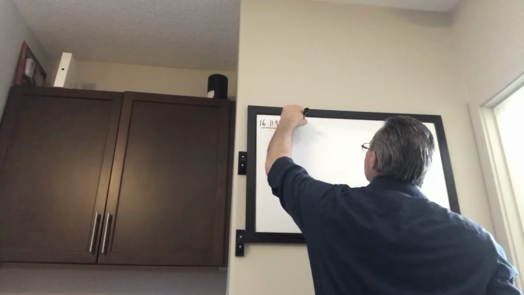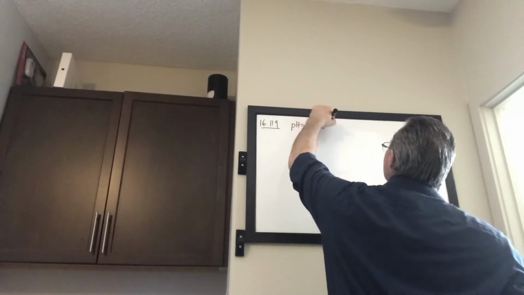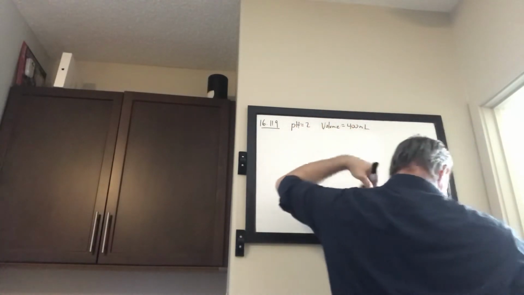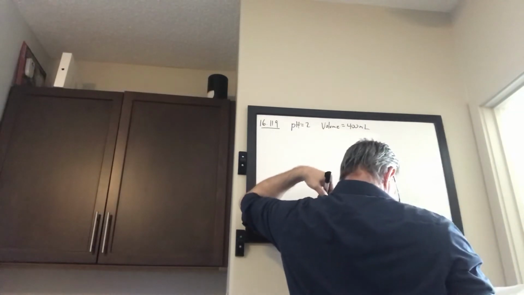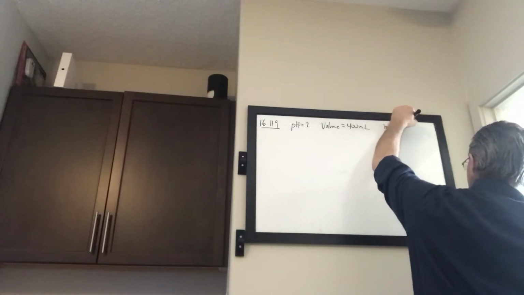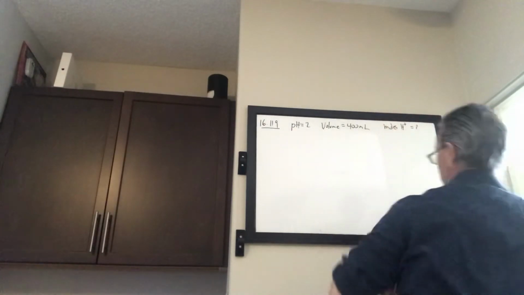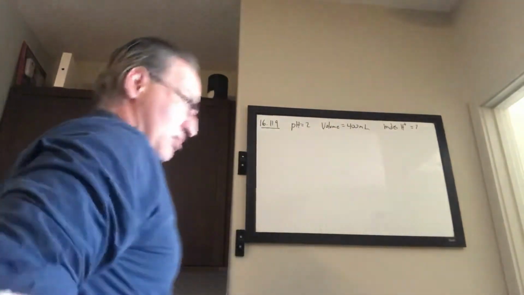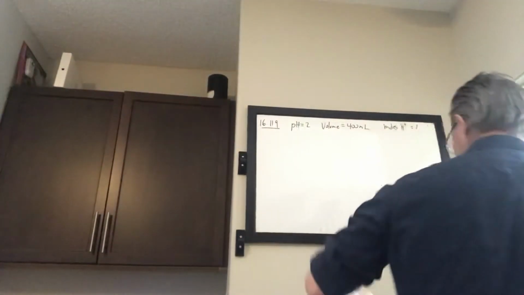So pH is equal to 2, volume equals 400 milliliters, and they're asking you moles of H plus. All right, so let's begin by finding out what the concentration of hydrogen ions is.